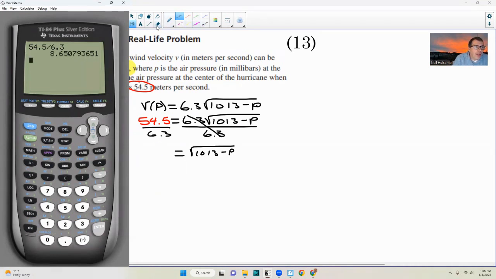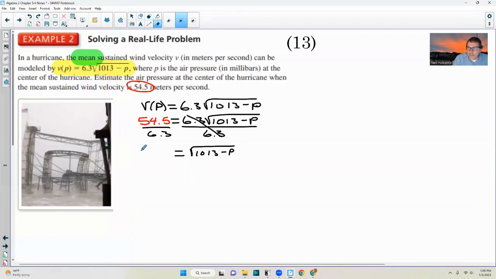We are going to approximate it to 8.65. So let me change this. Hello, eraser. Change this to an approximate symbol, and it was 8.65. Okay, so now we have the radical isolated.